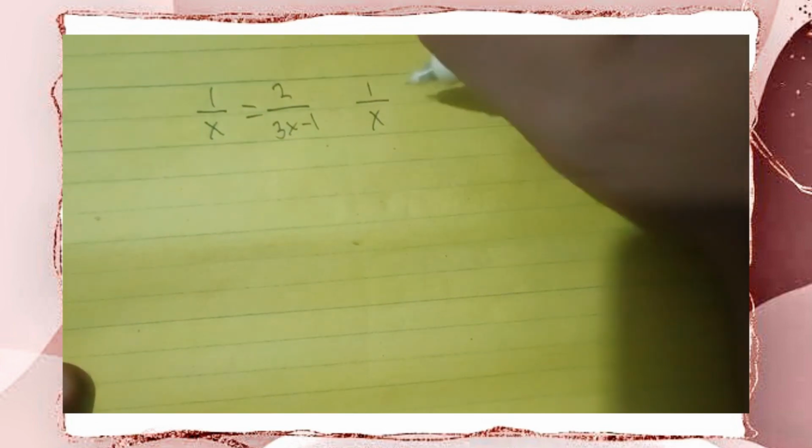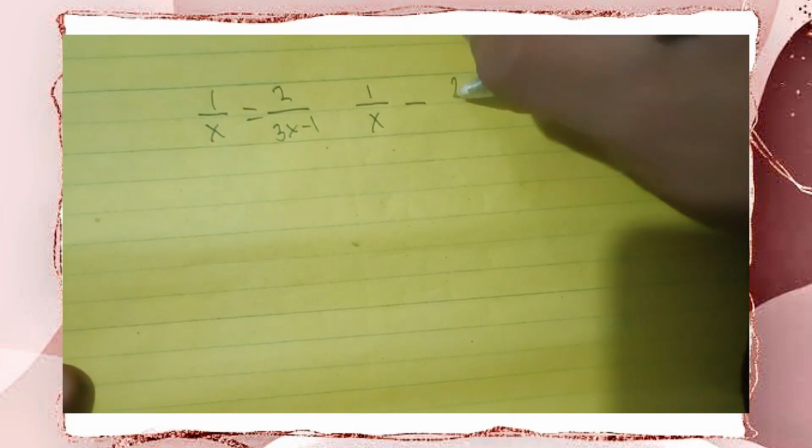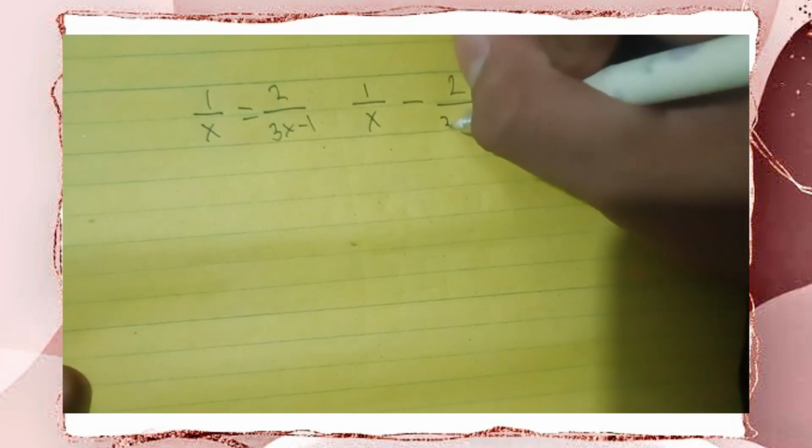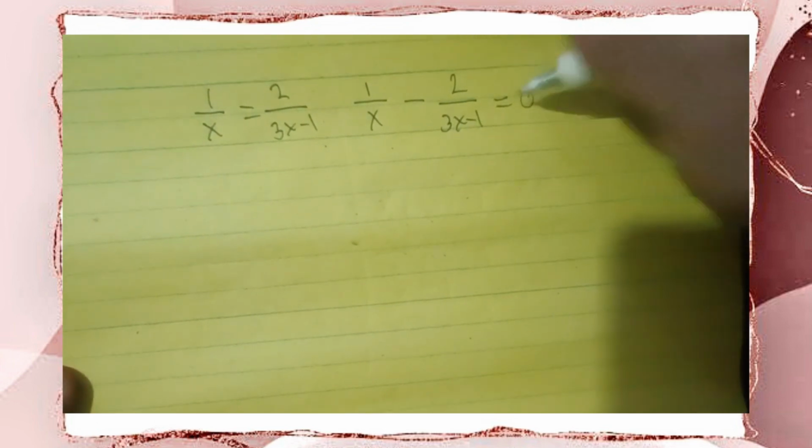Since our given earlier is 1 over x is equal to 2 over 3x minus 1, and since this one is our given earlier, we're just going to transpose 2 over 3x minus 1. So it will become 1 over x minus 2 over 3x minus 1 is equal to 0.